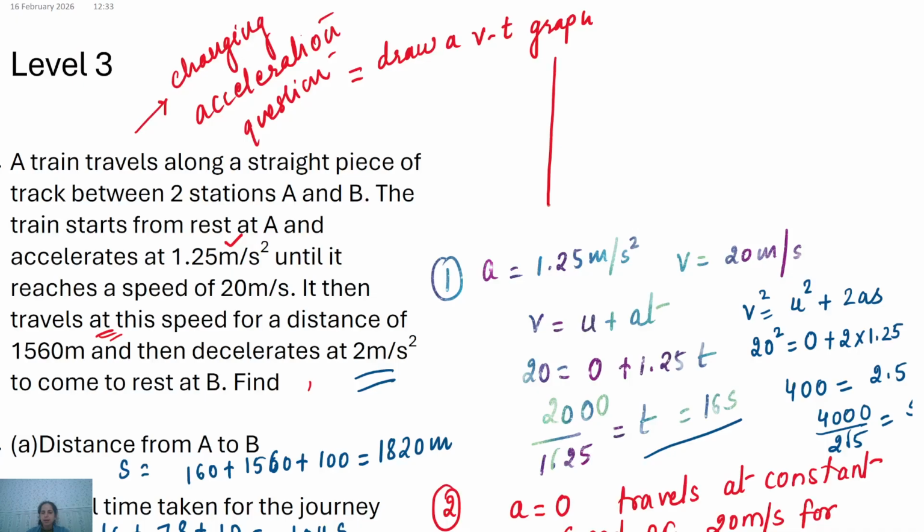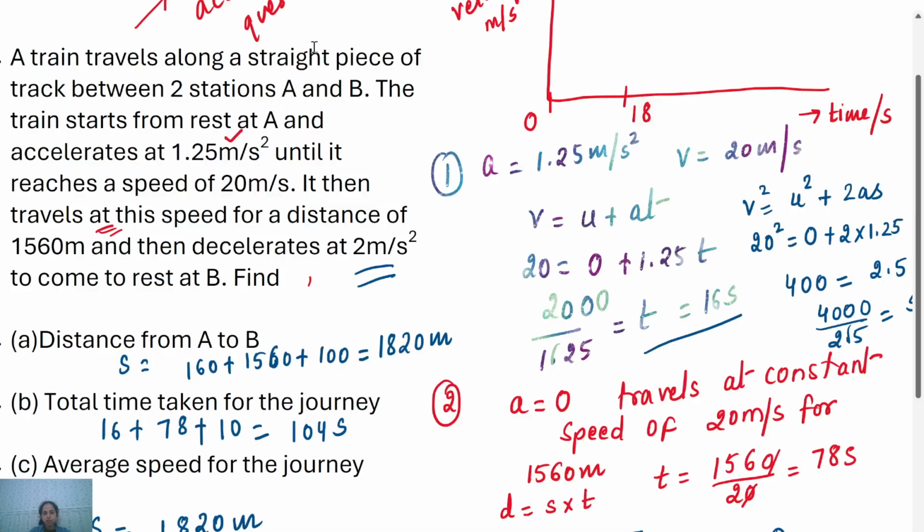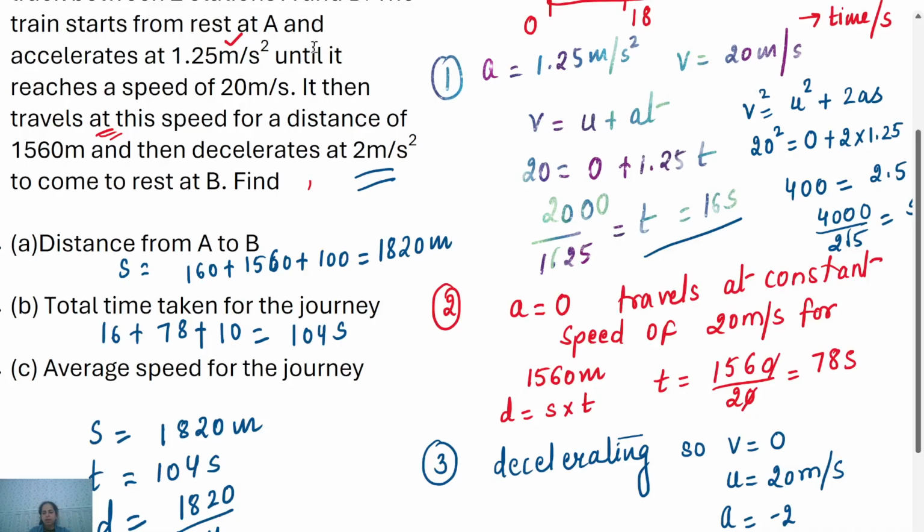Okay, so this is my time in seconds, and then I have velocity here in meters per second. I'm just marking the time 0. Of course, you do not have to be very precise in making this graph, because you are not drawing the graph for getting marks on the graph. It's just to see what kind of motion is happening here. And then 78 seconds, and the last one was 10 seconds.